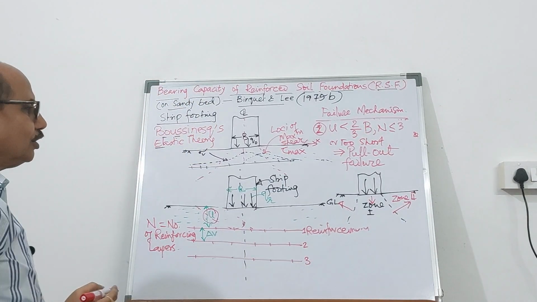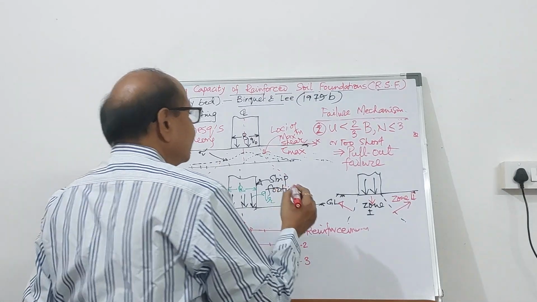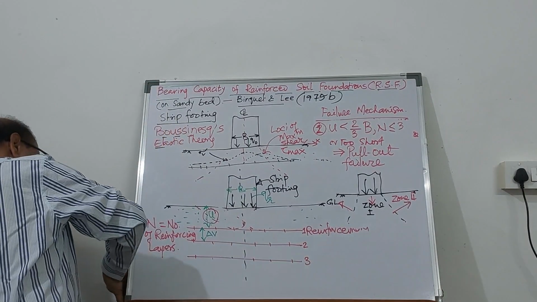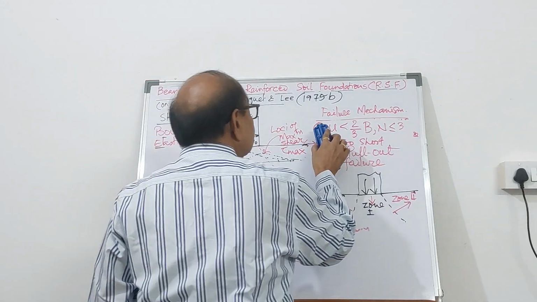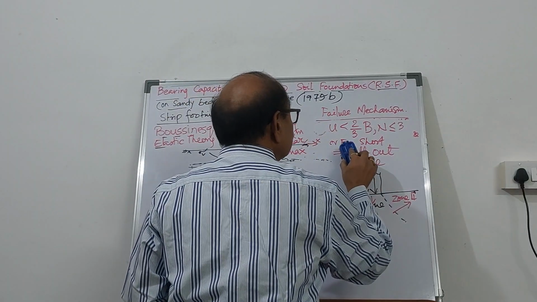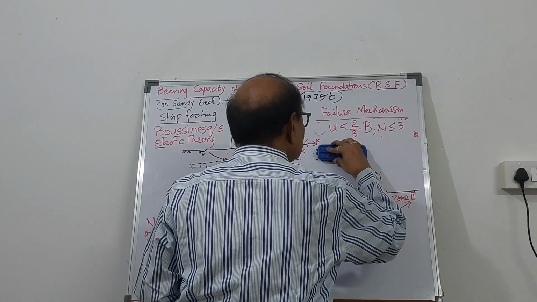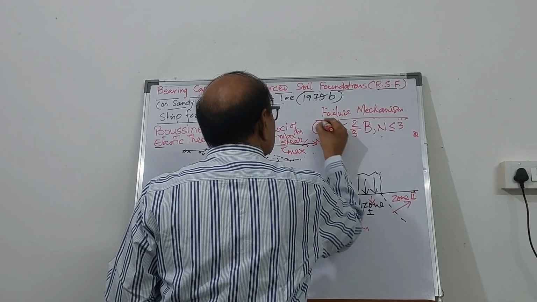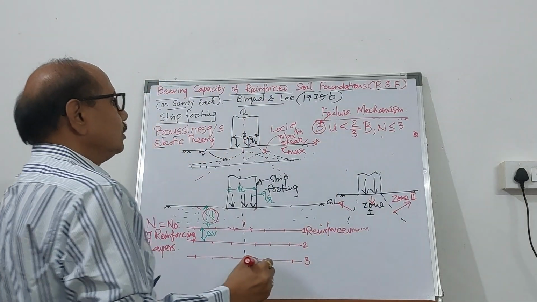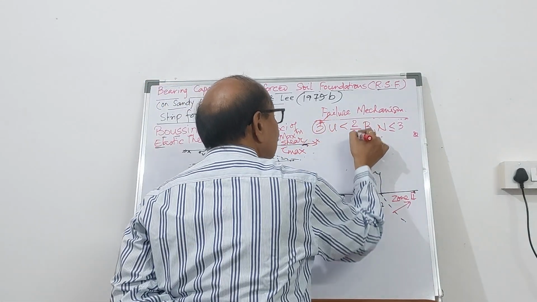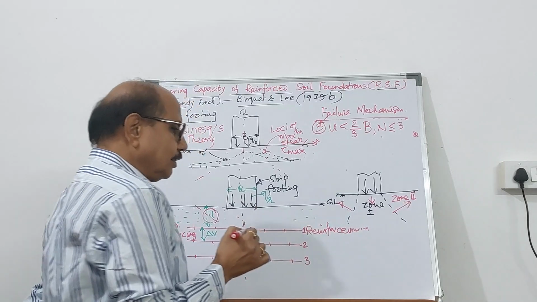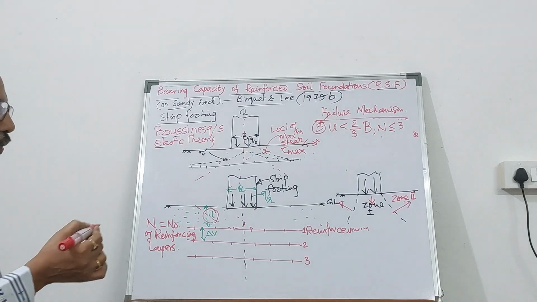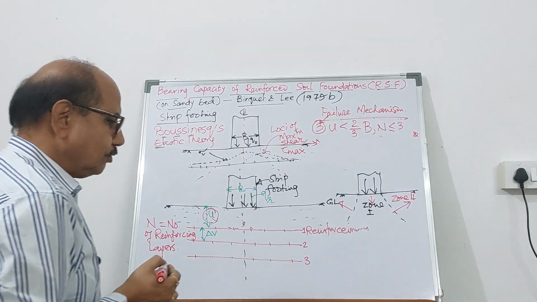And the third is tension failure. So the third failure mechanism can be highlighted over here. The third failure mechanism is when u is less than 2/3 of B, but N is not less than or equal to 3, N equal to 4, or a greater value.